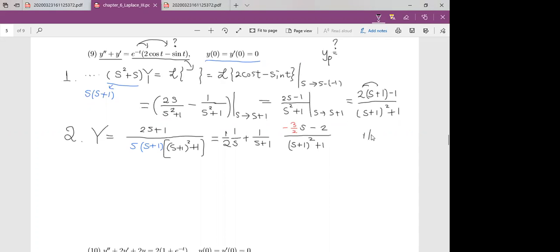So you already found this in homework 5, number 7. Good. And eventually you want to take the inverse transform of this. Fantastic.